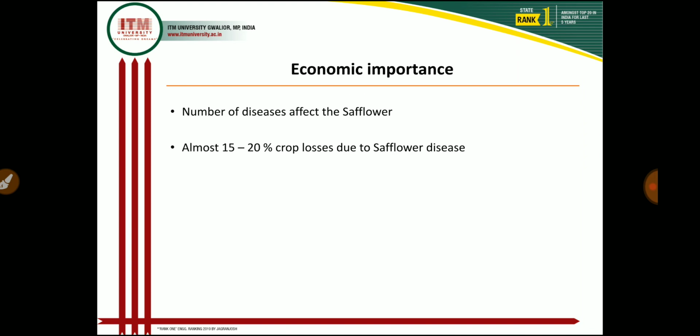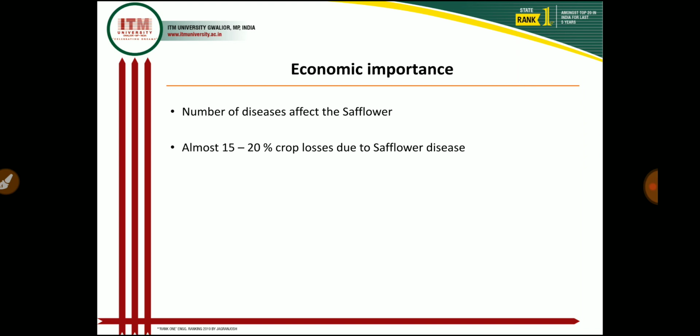Then in the economic importance part, as you know, a number of diseases affect the safflower crop and cause heavy losses; almost 15 to 20% crop losses occur due to diseases, mainly the wilt and rust diseases.